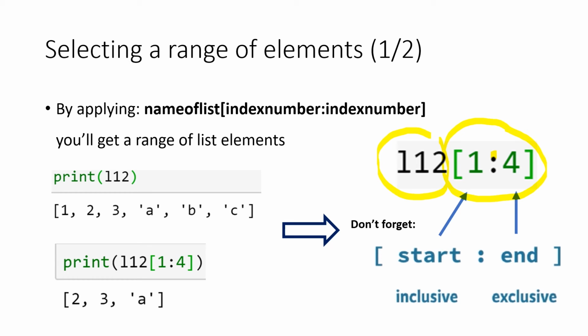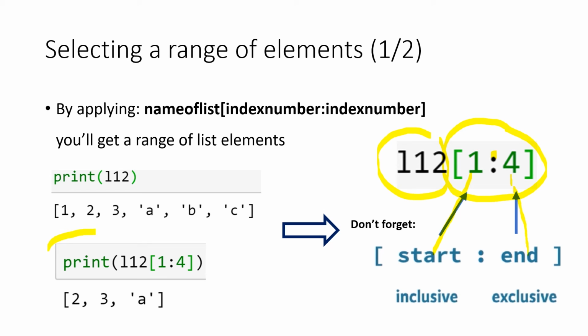And then, interestingly, the first index number is always the starting point of your range. And on the right-hand side, the index number is always the finishing or end point of your range. And very, very important, you can never forget that. The starting point is inclusive, so it's part of your range. And the ending point is exclusive, so it's never going to be part of your range.